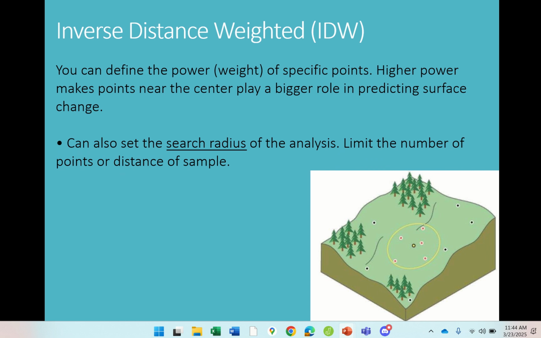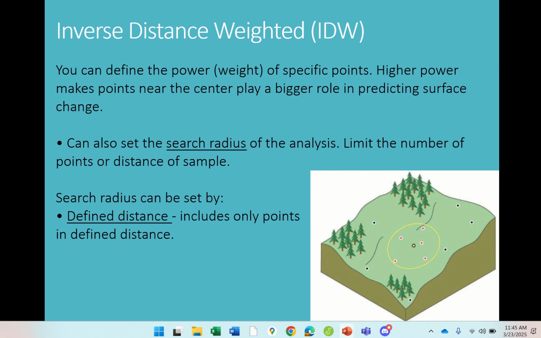Imagine down here we have a point that we're trying to interpolate based on the 5 red points around it. How many points we take into consideration is defined in IDW by the search radius. This limits the number of observed points we use to determine the interpolated value.